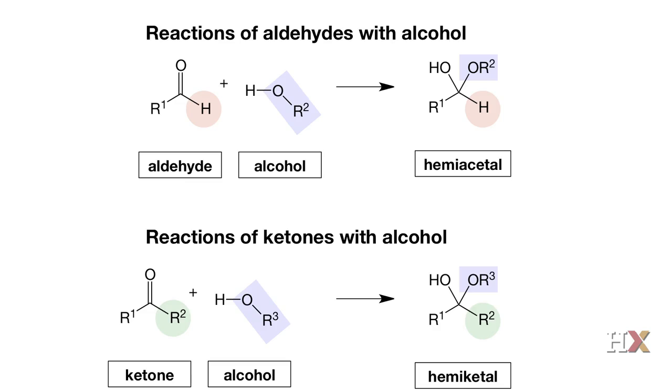Now, in an aldose or a ketose, you have an aldehyde or a ketone group, and you also have alcohol functions, hydroxyl groups. Therefore, you can have an intramolecular hemiacetalation or hemiketalation, and that will lead to a cyclic structure.